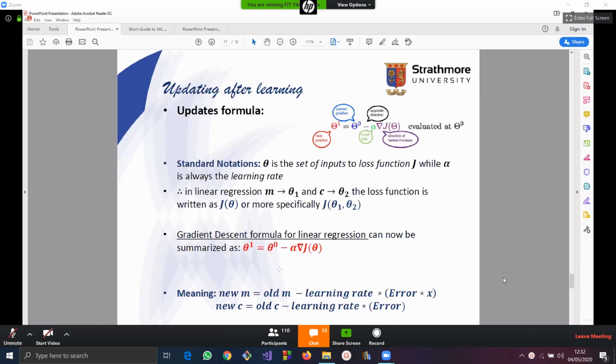So you can write that one. My pen is not doing good today. So anyway, it's just standard notation. So the new M is the old M minus the learning rate multiplied by those derivatives that we have computed up there.